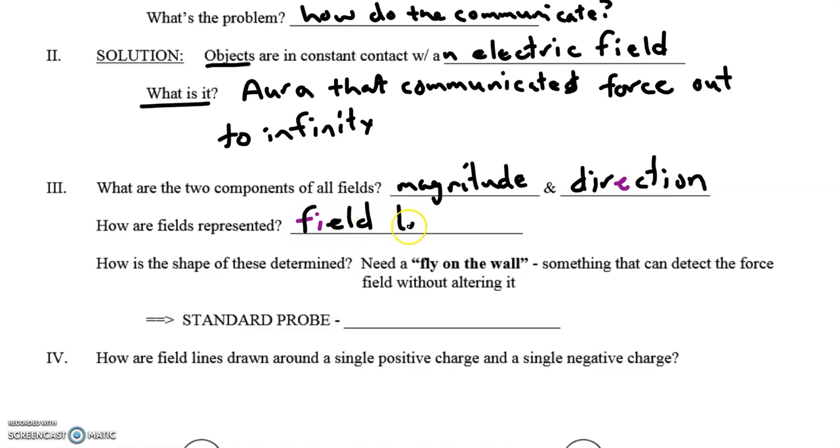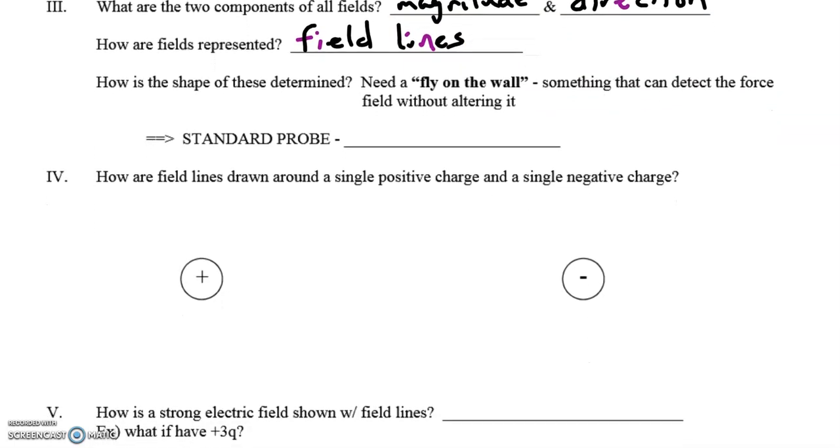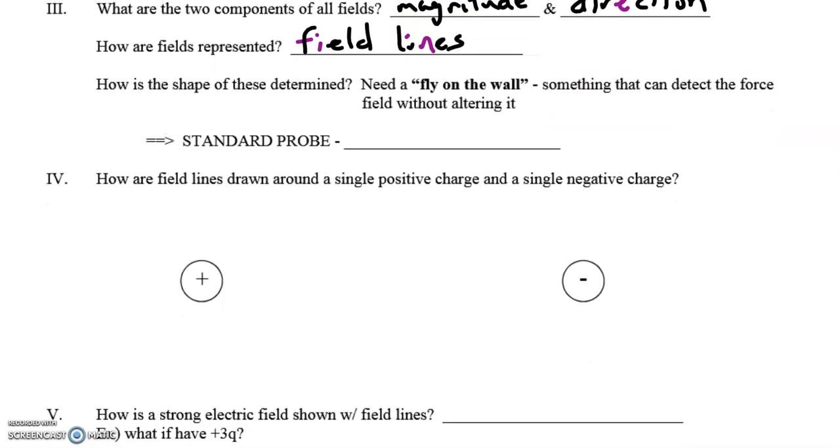Okay, so how do we determine a field line surrounding charge or charges? And it's really the same rules for gravitational fields, except it's about mass. So we need a probe. I call it a fly on the wall. A fly on the wall is something that can observe, that can sense without affecting it. Okay?